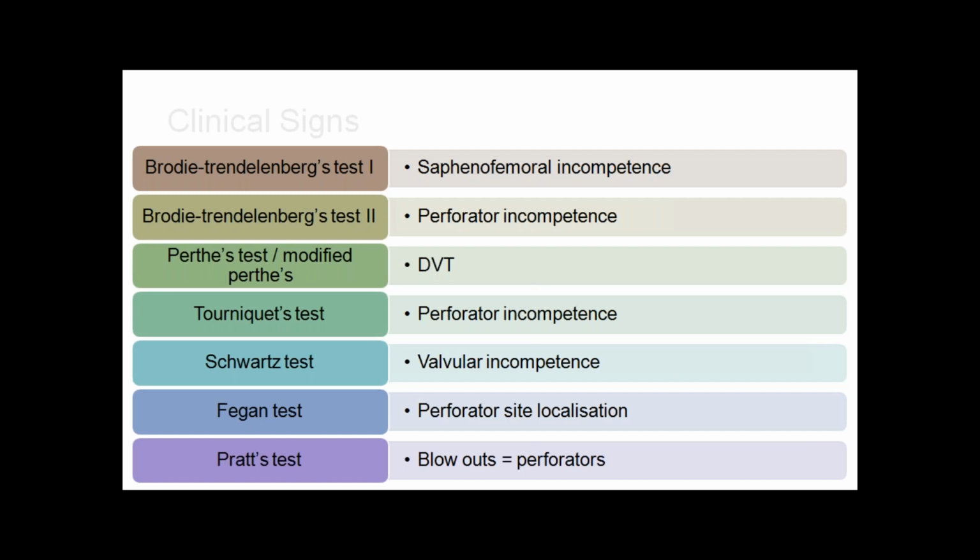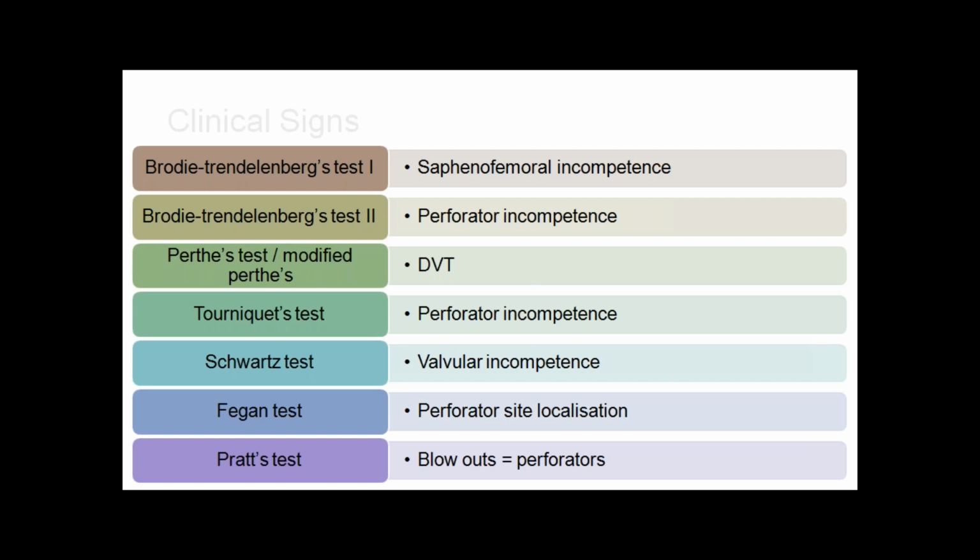After emptying the veins, we will tie the tourniquets, and later ask the patient to stand. Now observe the filling of the varicosities in between the tourniquets, so that the proper perforator vein is incompetent. That is the multiple tourniquet test.